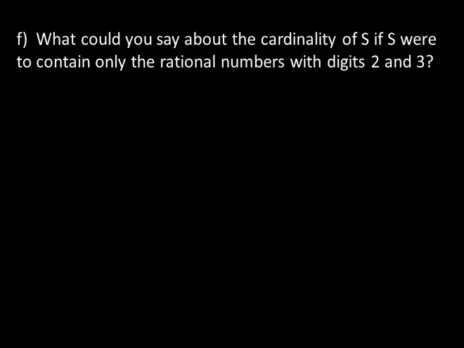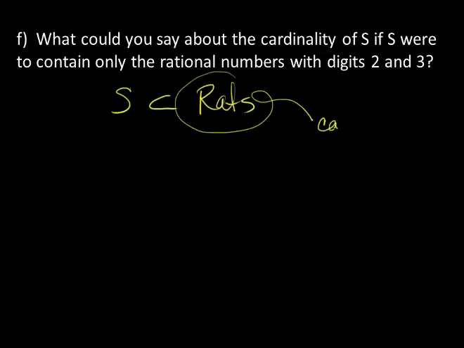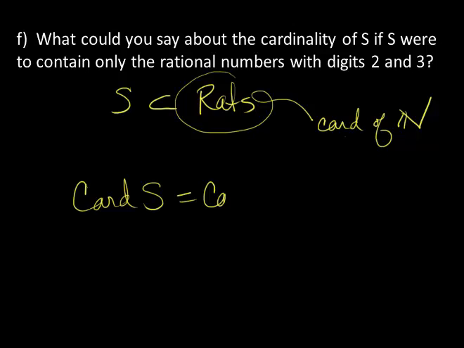Well, if S were a subset of the rationals, and we know that the rationals have cardinality aleph naught, in other words, the cardinality of the natural numbers, S is an infinite subset of a set that has the same cardinality as N. Well then we could conclude in that case, if we threw out all the irrational numbers in S, that the cardinality of the set would be equal to the cardinality of the natural numbers.